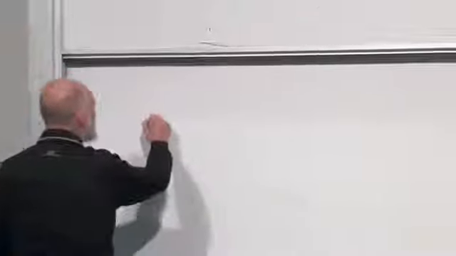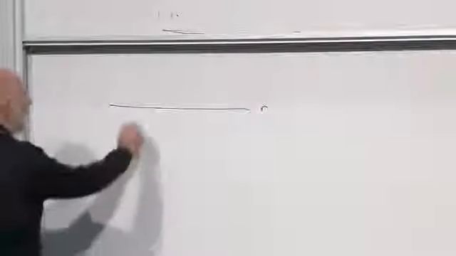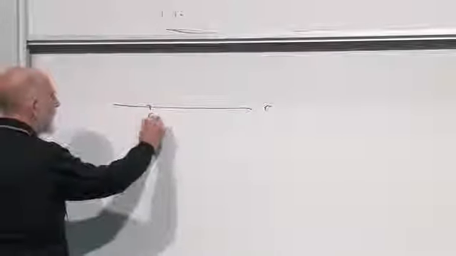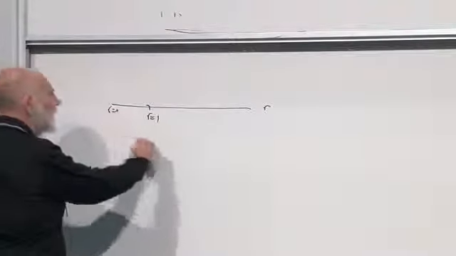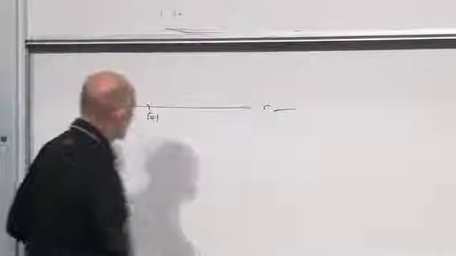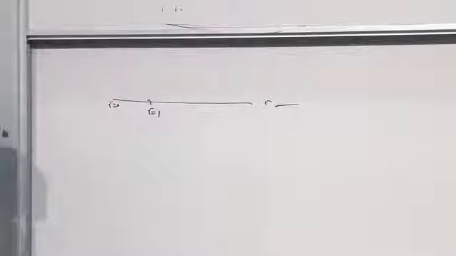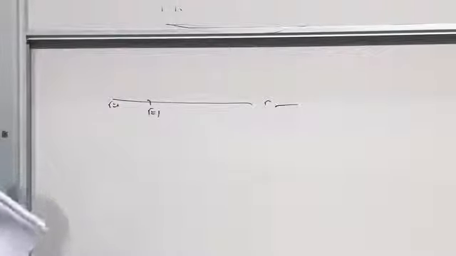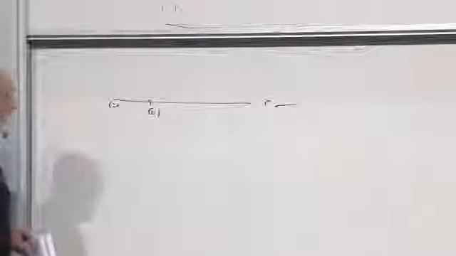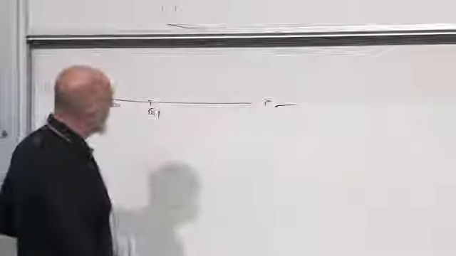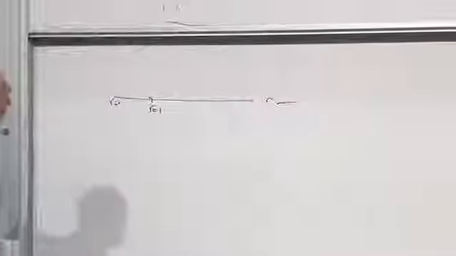Let's draw the r-axis, and somewhere is r equals 1. Here's r equals 0, and far away is far away from the black hole. r equals 1 is the horizon in these coordinates. So right over here is the horizon.